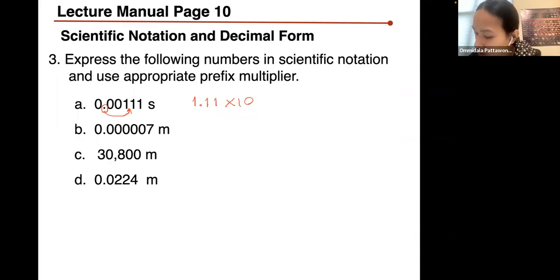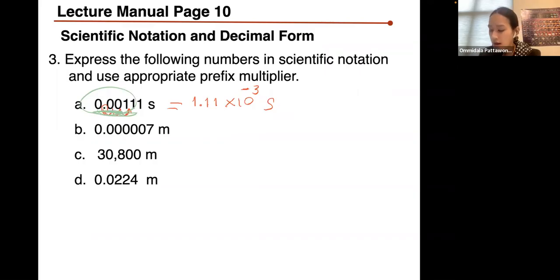I move 1, 2, 3. I move 3 times. But remember, this number right here is small: 0.001 is smaller than 1. So therefore, I need a negative exponent. So these two values right here are identical. One is reported in scientific notation and the other in decimal form.